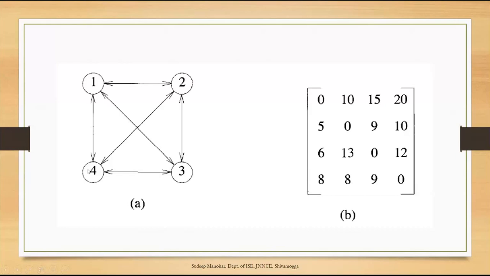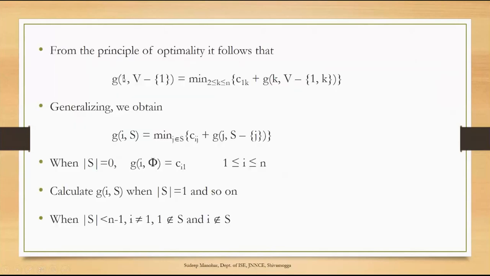So the general form of this: g of I comma s. So I is the starting vertex, s is the set, is equal to min over j belonging to s. You have to take each vertex from this s. So once you take 2, once you take 3, once you take 4, like that.